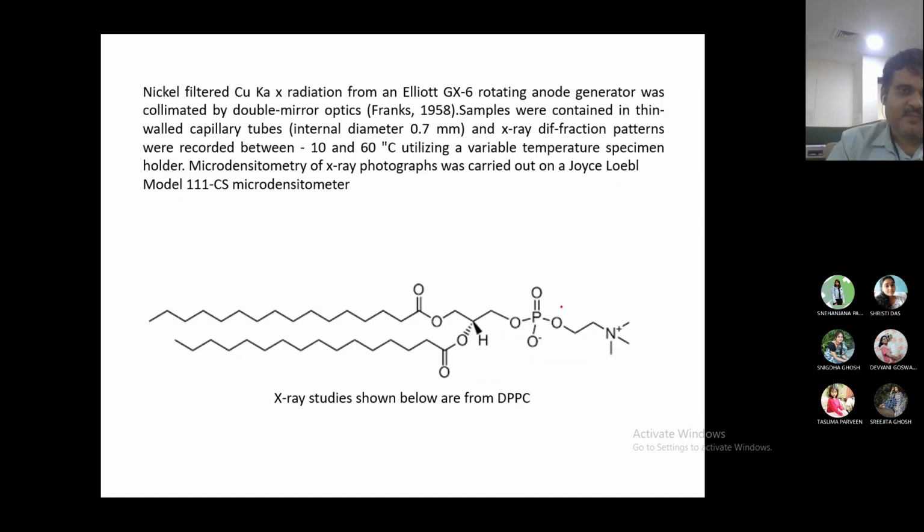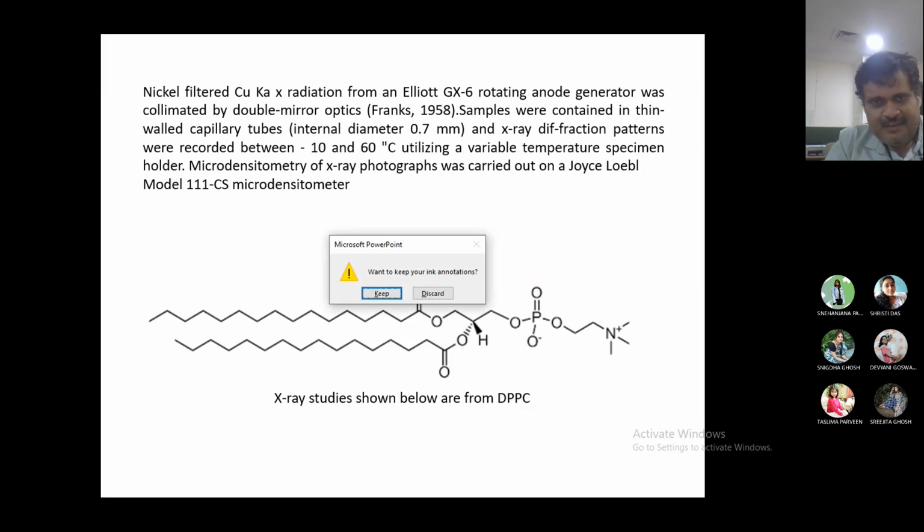How? This has been taken from papers. There they were using a nickel filter with copper. What is K-alpha? What metal is it?